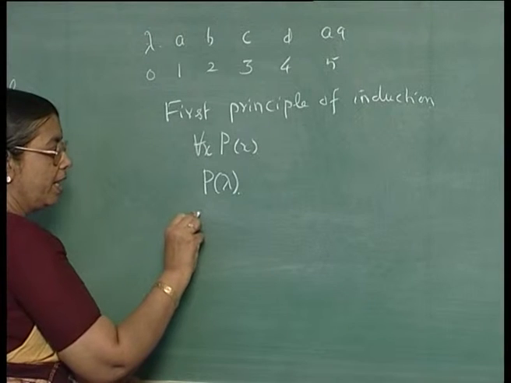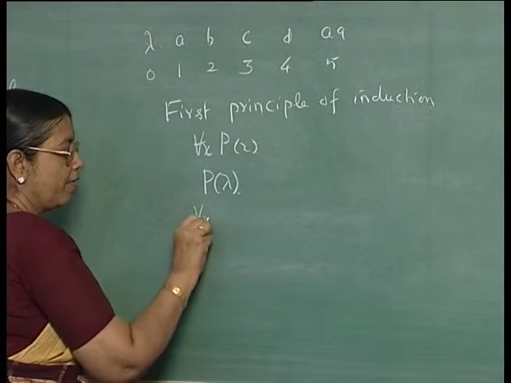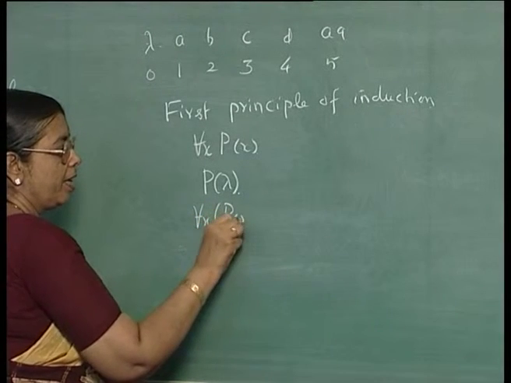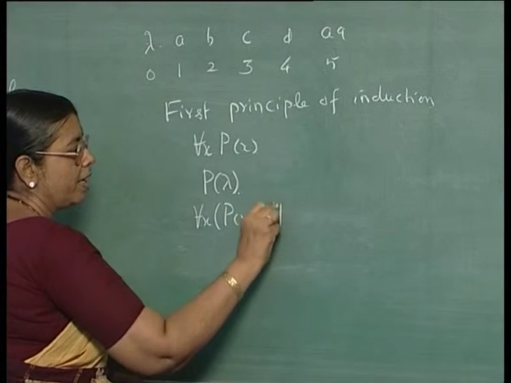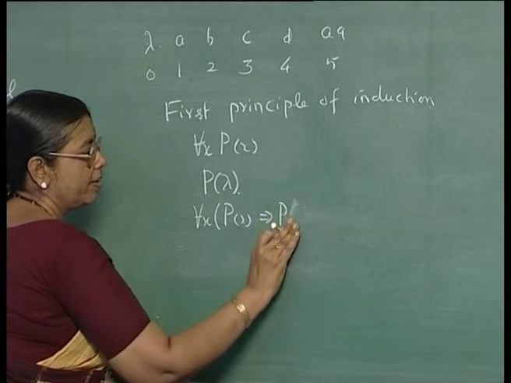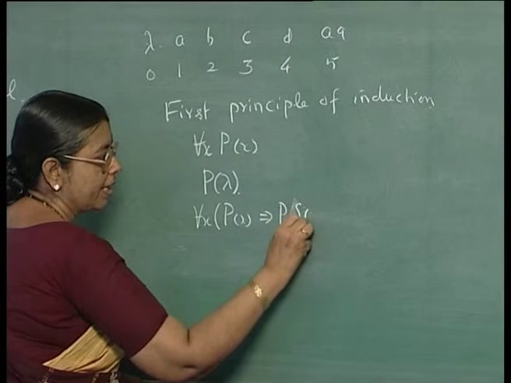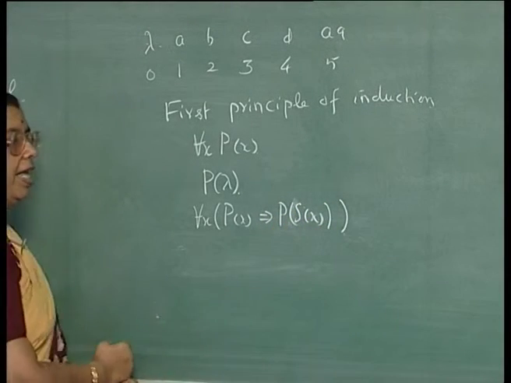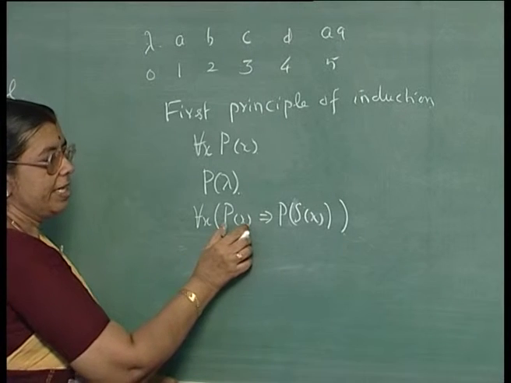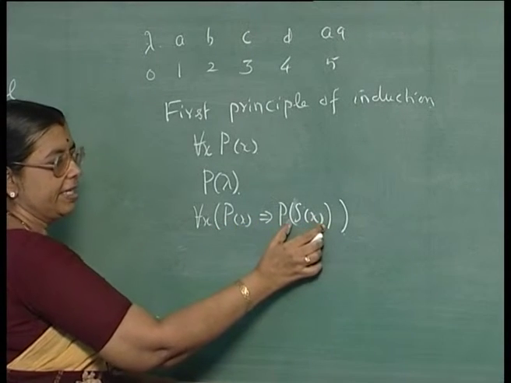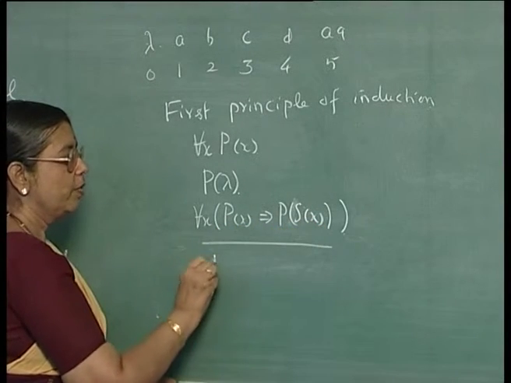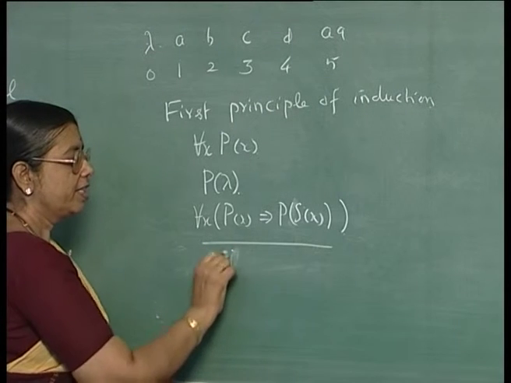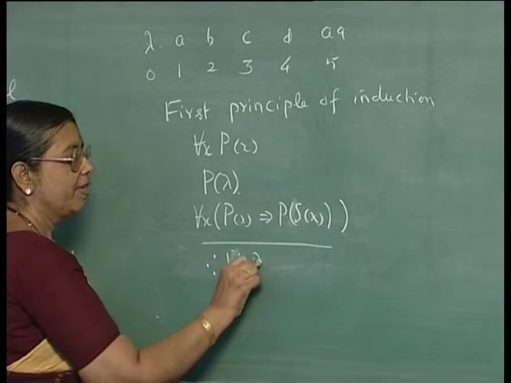Then you prove that for all x, P(x) implies P(successor of x). That is, if some property holds for a string x, it will hold for the next string. Then from this you will conclude, therefore, for all x, P(x).